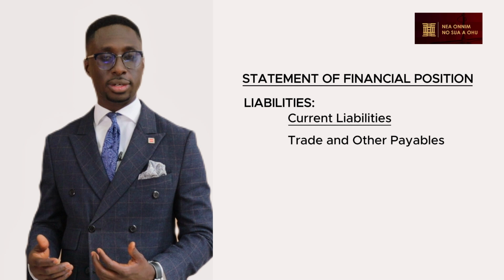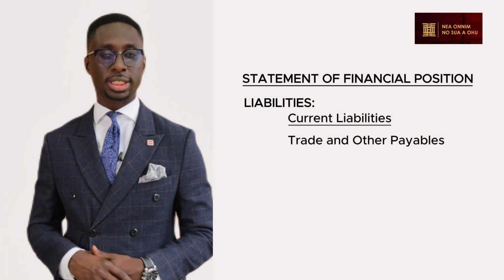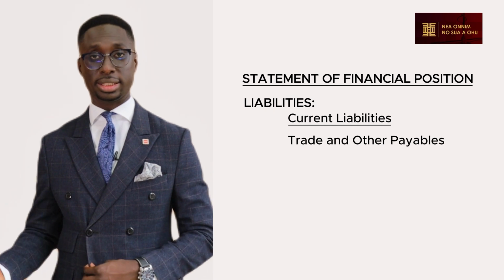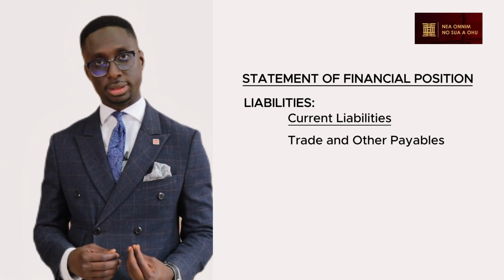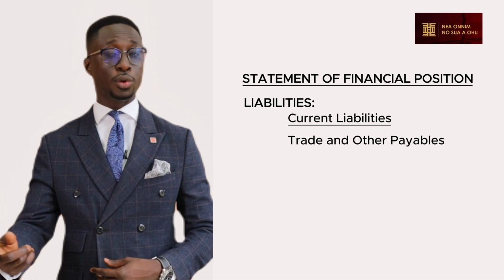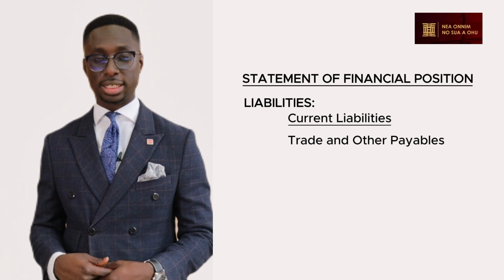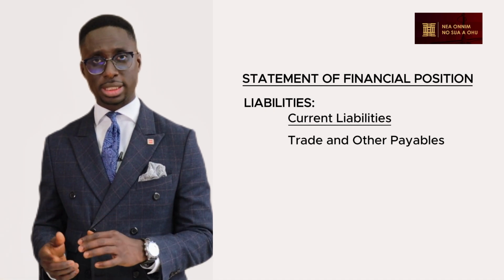Items acquired for trade which are not yet paid for. So for instance, if you are a business involved in buying and selling, and you've bought a number of items that you are yet to pay for, those items will be captured under this account, trade payables. All right? So I hope this is clear.